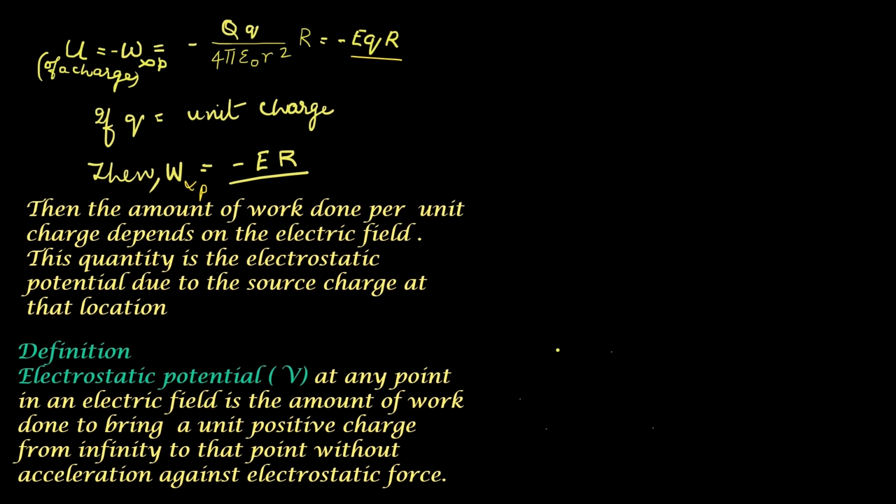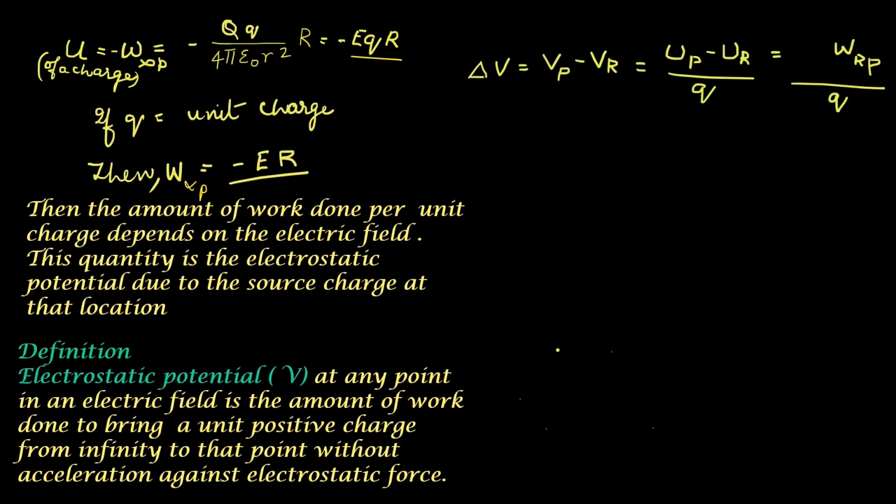How can we represent electrostatic potential? Change in electrostatic potential delta V between points P and R is equal to potential at P minus potential at R. This is equal to electrostatic potential energy of test charge at P minus electrostatic potential energy of the test charge at R divided by the charge q.